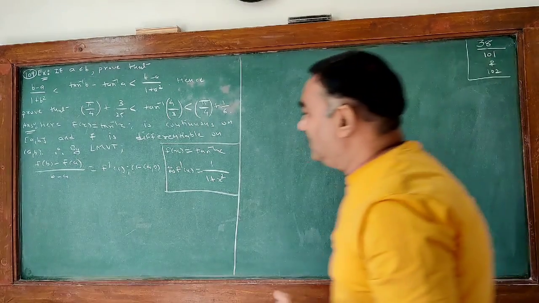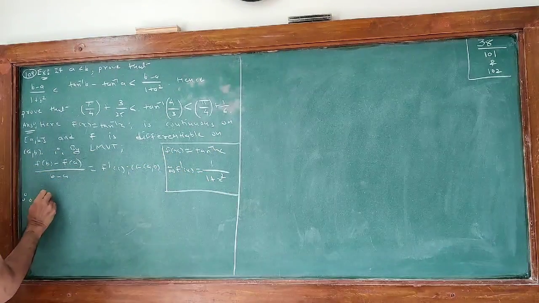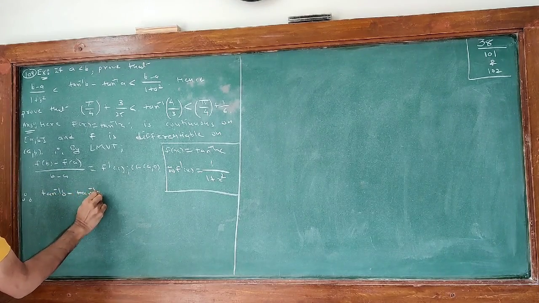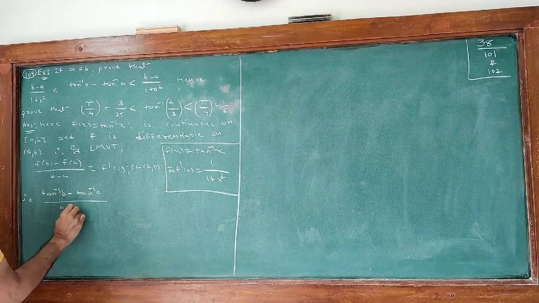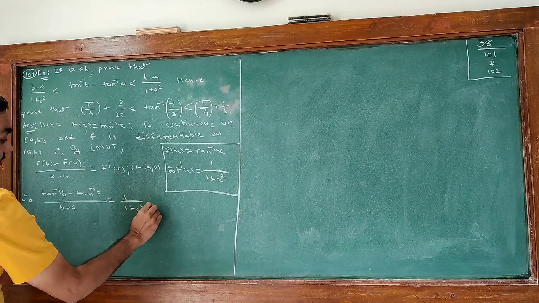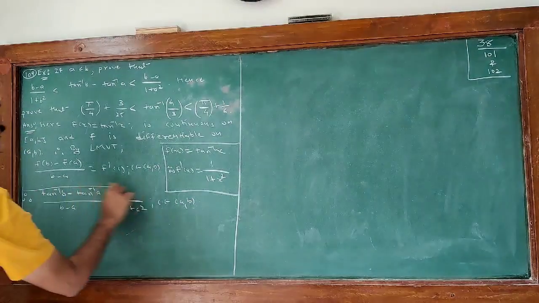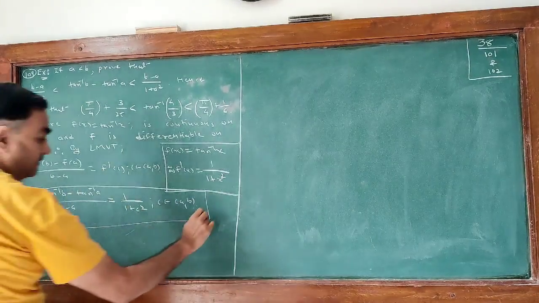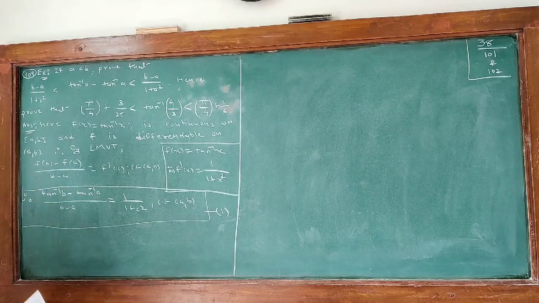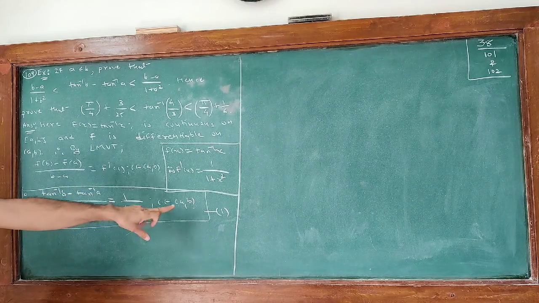So it will be (tan inverse b minus tan inverse a) upon (b minus a), where c is in a to b, and we call it equation number 1. That is, (tan inverse b minus tan inverse a) upon (b minus a) equals 1 upon 1 plus c square, where c is in the open interval a to b.